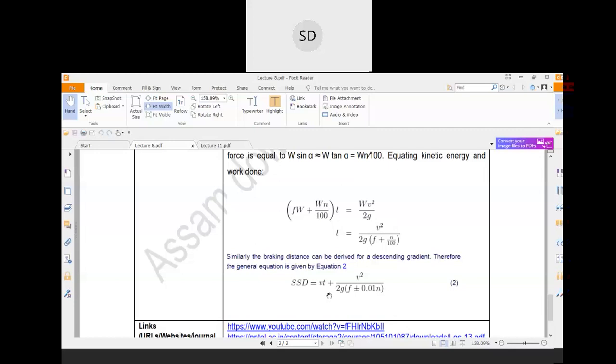As this is a descending gradient, it would be Vt plus V square by 2g into f minus 0.01 n. Here V and t are already given, t is 2.5 seconds, V you need to convert into meter per second, and n is given as 2%.